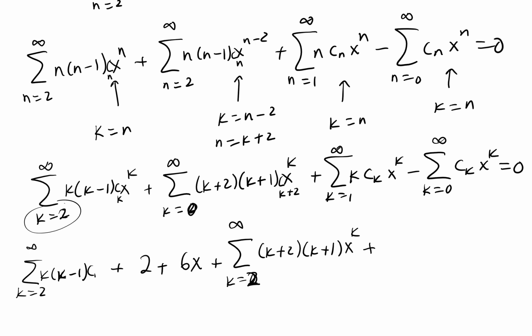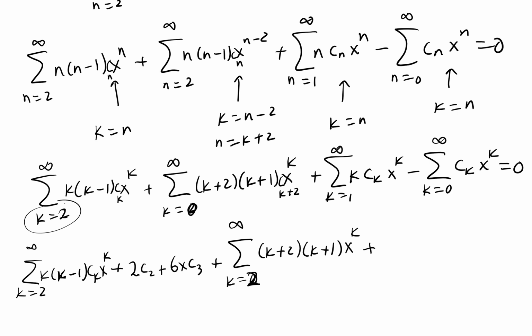Here c sub k, x to the k. Let me just fix this part here: 2 c sub 2 plus, when you take k equals 1, it is going to be 6 x c sub 3. So we take k equals 2, and now we finish with the first one, the second one, the third one.